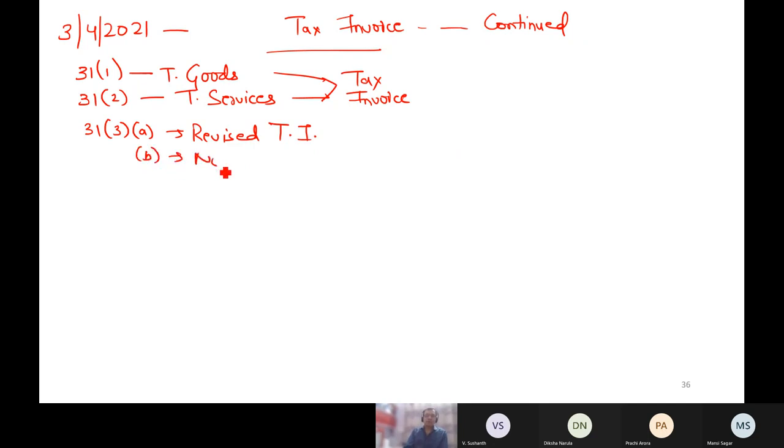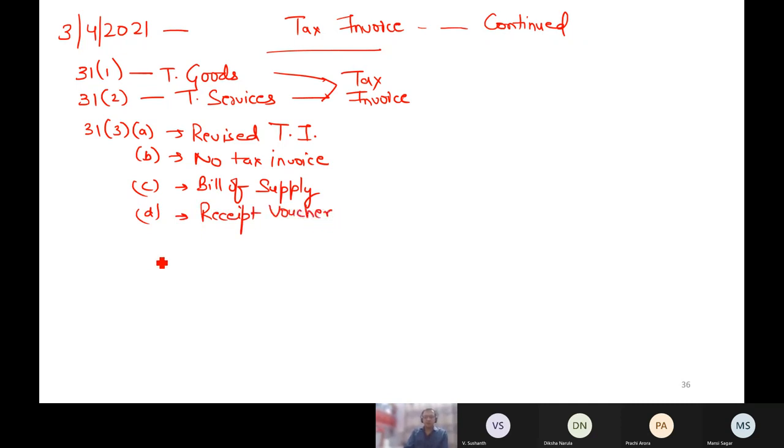Clause B was no tax invoice if value does not exceed 200. Clause C was related to bill of supply. Clause D was related to receipt voucher. You must know what we have covered basically till today. Clause E was related to refund voucher.